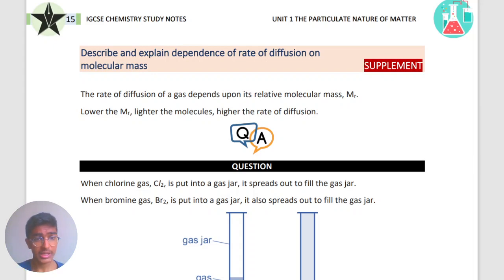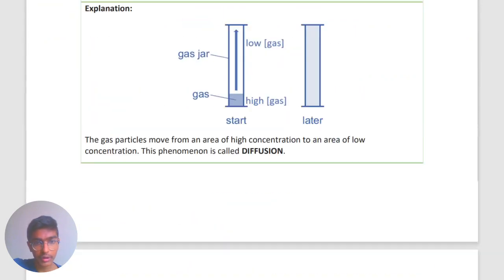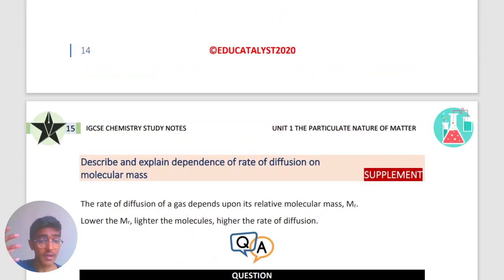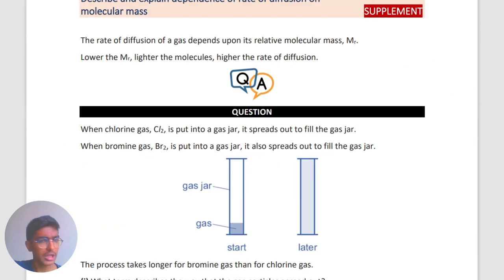Simply what you have to do is find the MR, the molecular mass. The molecular mass can be calculated from the periodic table. So I go to the periodic table and look at the mass of each. The heavier the mass, the slower the diffusion. The heavier the mass, the slower the diffusion. And the lighter the molecule, the faster the diffusion. That's what you really need to know.